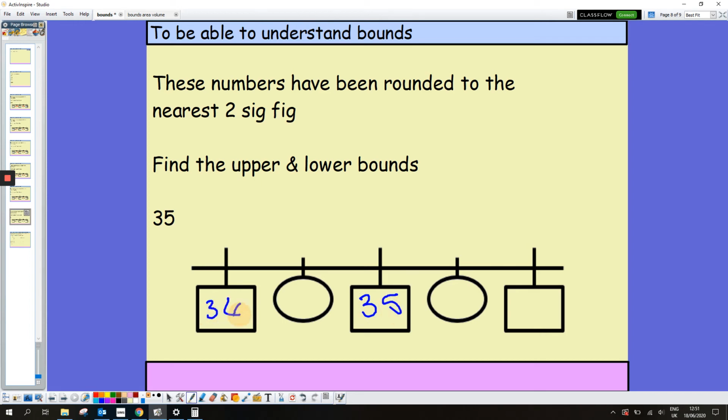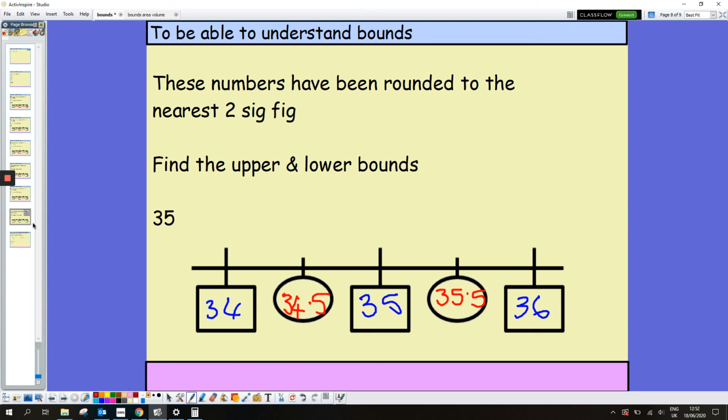I have 34 here and 36 here. So if I've rounded to two significant figures, that must have meant that I've rounded to the nearest whole one, because this is my second significant figure. So my lower bound is 34.5. And my upper bound is 35.5. They're always a 1 mark question. So if you ask for the upper bound, it's 1 mark. If you ask for the lower bound, it'll be another mark.